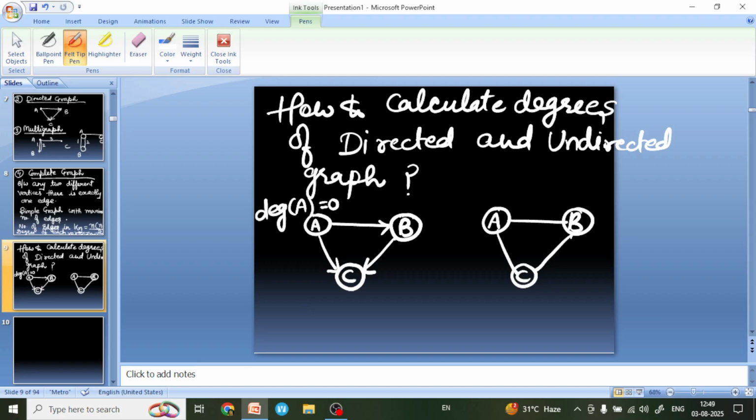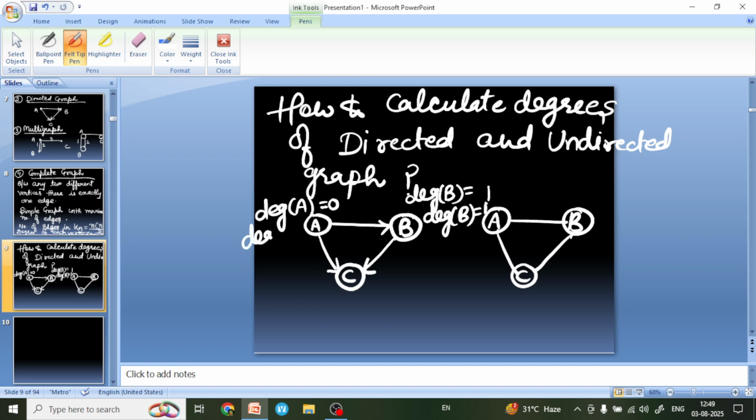And on B, the degree of B is equal to 1.